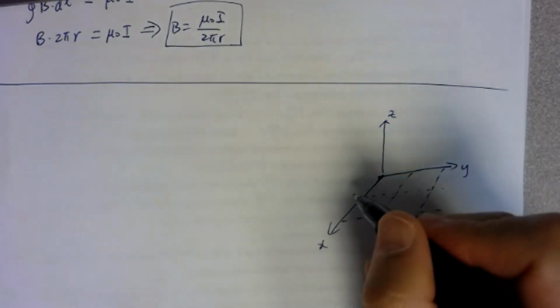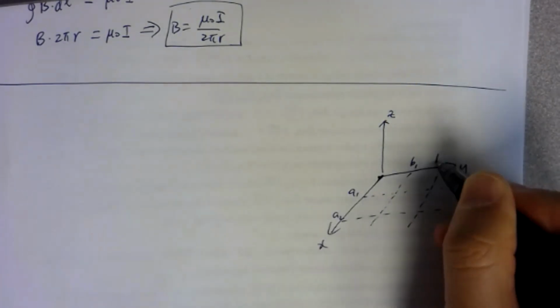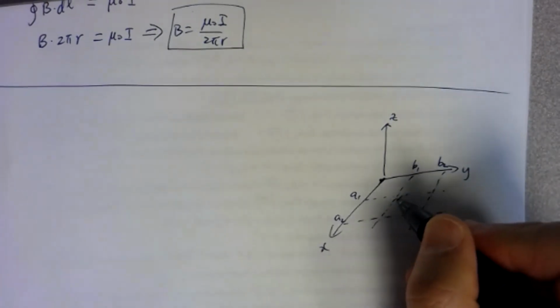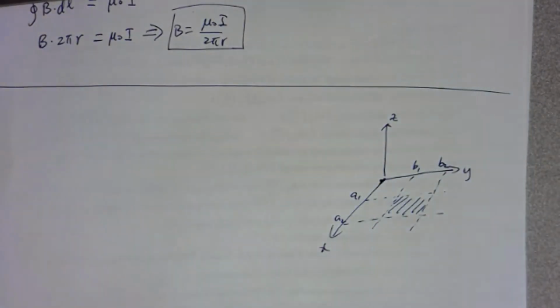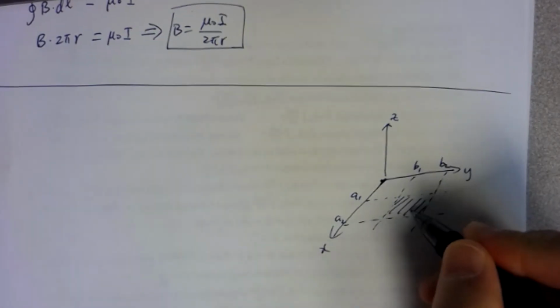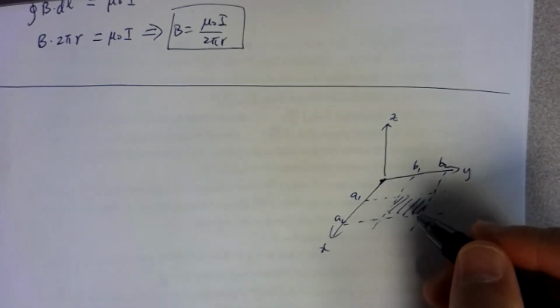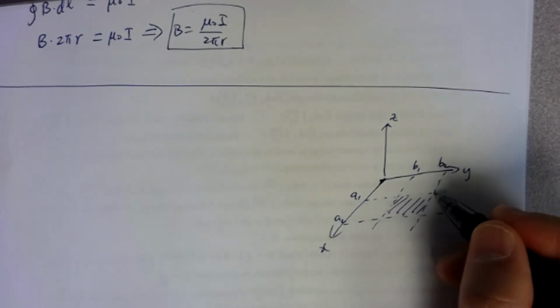So here we have a1, a2, b1, b2, and this is the area of interest. It tells us the B field, and it says the current goes through this in the z direction. So the current will be in the z direction.